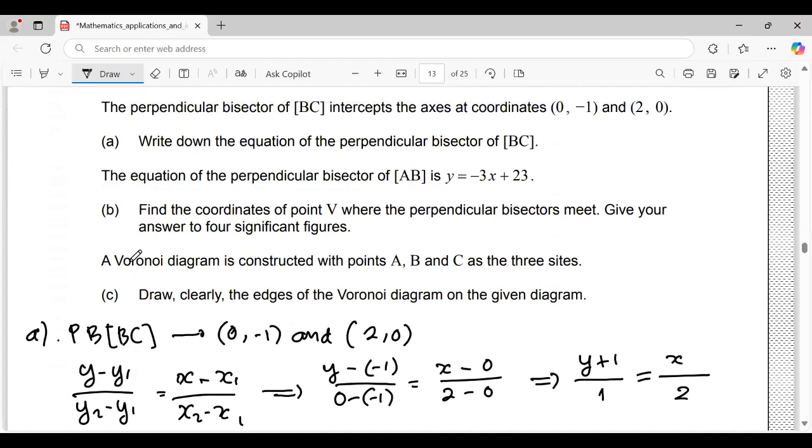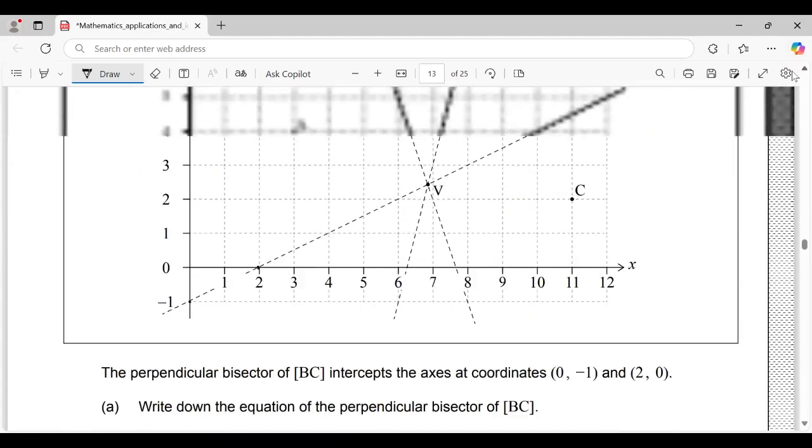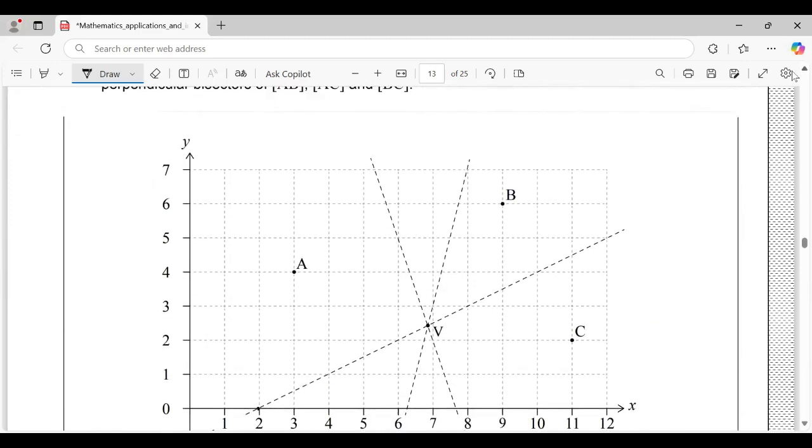A Voronoi diagram is constructed with points A, B, and C as the three sites. Draw clearly the edges of the Voronoi diagram on the given diagram. Okay, now we look at this diagram.